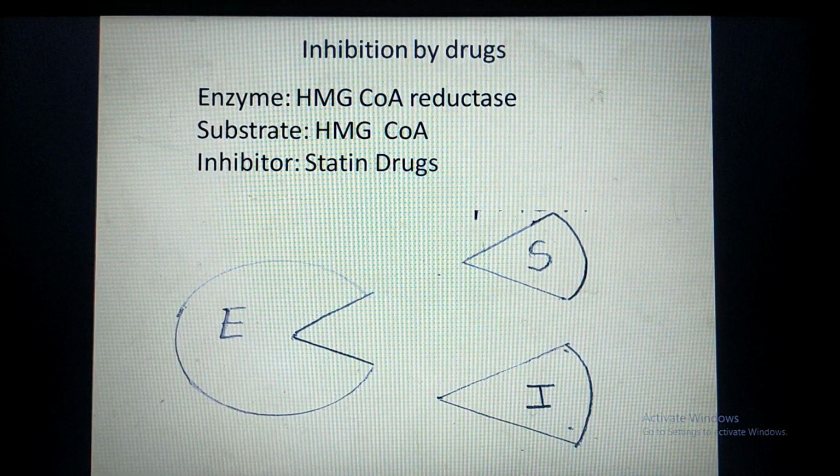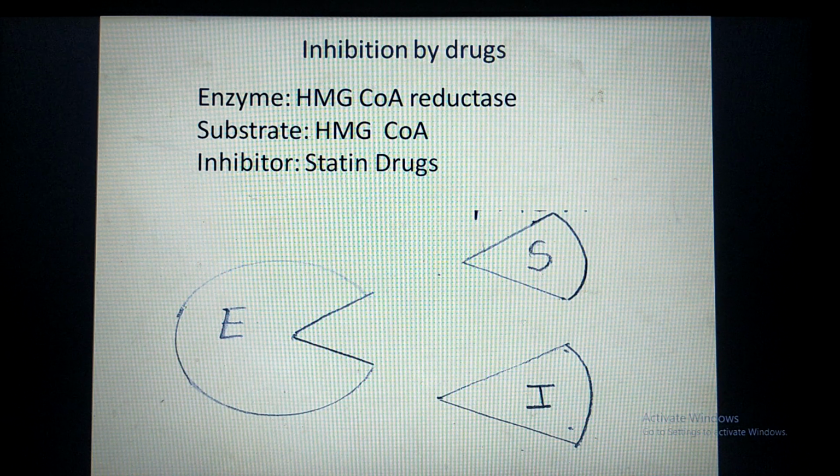Now this is an artificial regulation. Here again the drugs called statins are used to decrease the blood cholesterol level, because cholesterol may lead to various diseases like atherosclerosis. So we have to control the blood cholesterol level. To control that, a group of drugs called statins are given to a patient. How do they act?